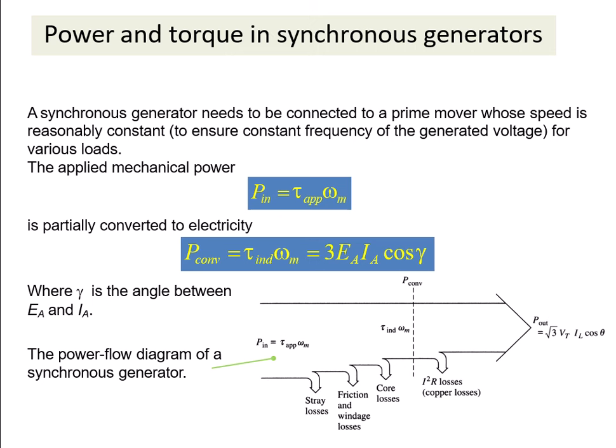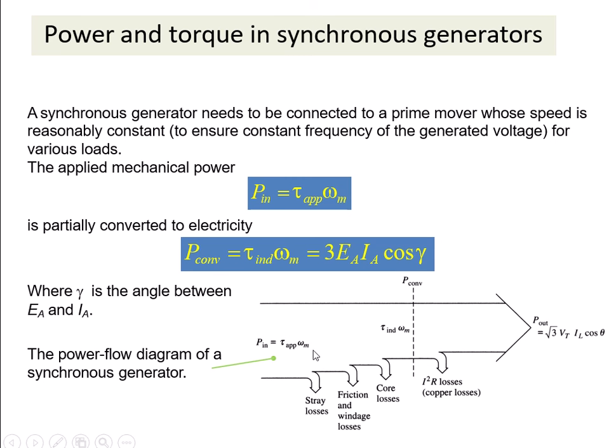The power flow diagram looks like this. The total input power first goes in stray losses, then some part of the power goes in friction and windage losses, then some part goes in core losses, then some part goes in I square R loss or copper loss, and then we get our power output.